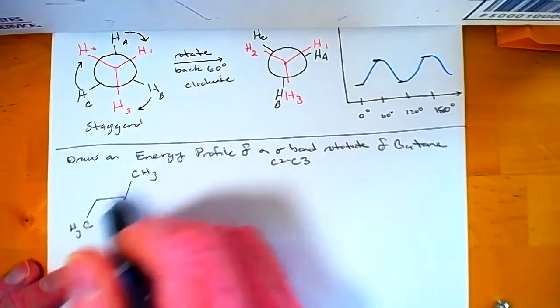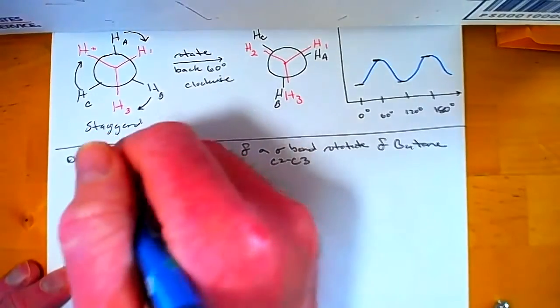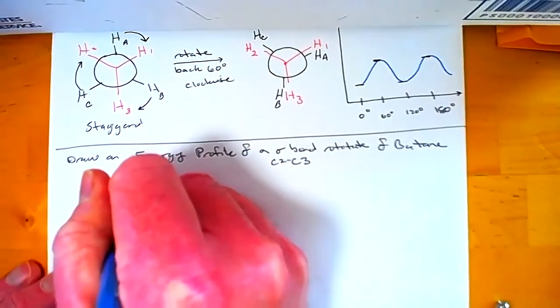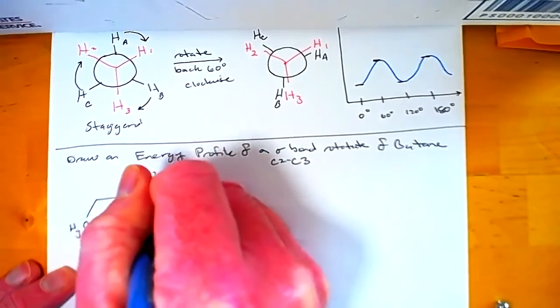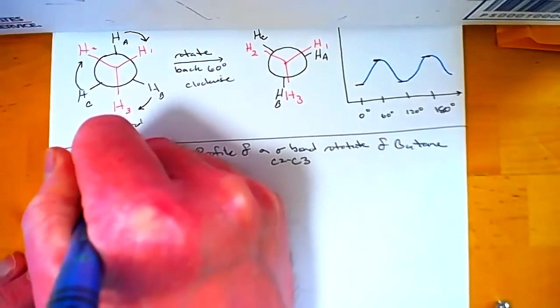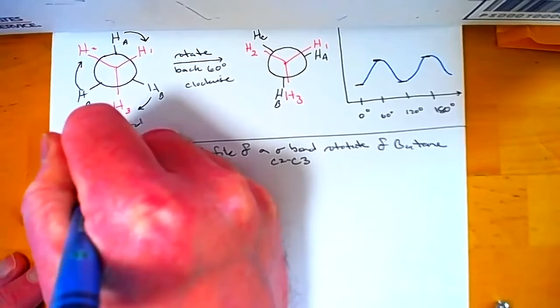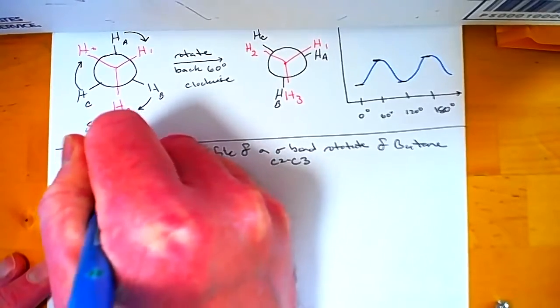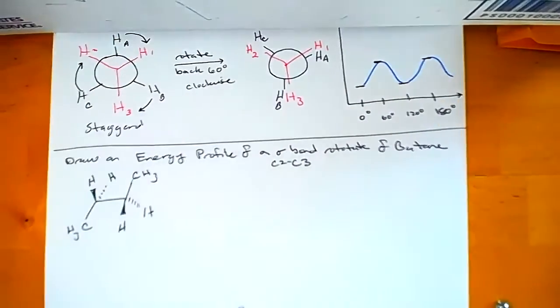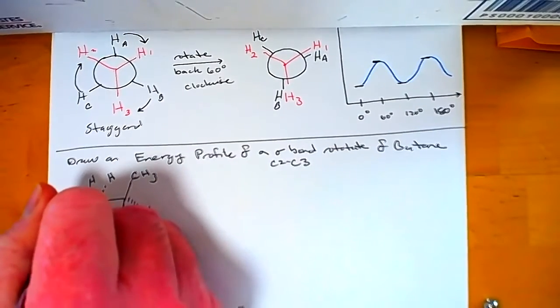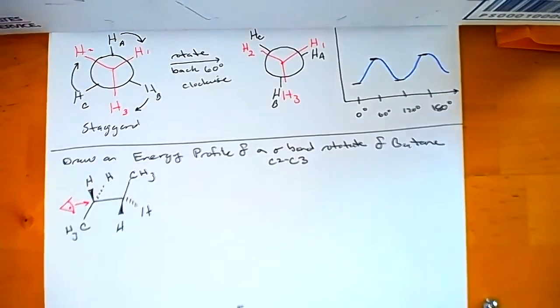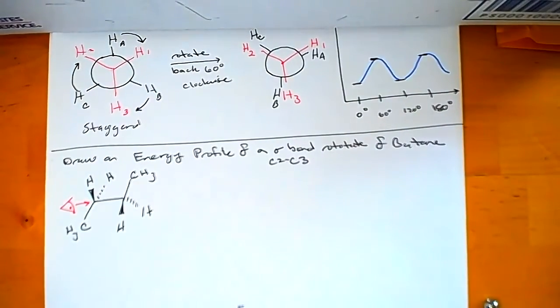So we've got the 2 methyl groups like so. Then we're going to have 1 hydrogen atom coming out towards us, 1 hydrogen atom going away from us, 1 hydrogen atom coming out towards us, and 1 hydrogen atom going away from us. And what we're going to do is we're going to view this down the mind's eye, okay, like so.